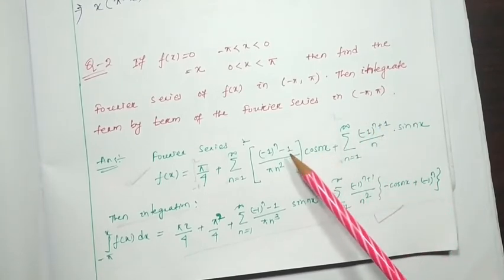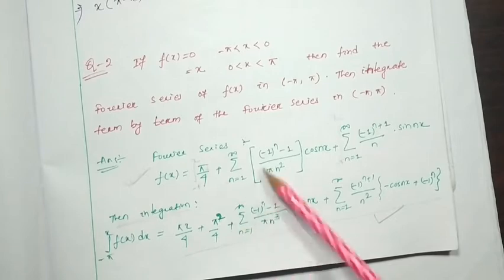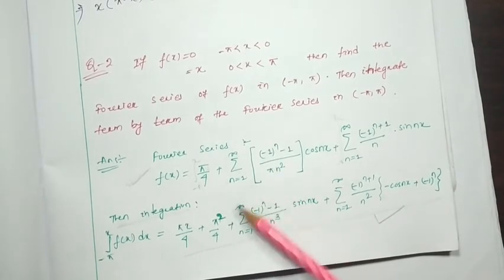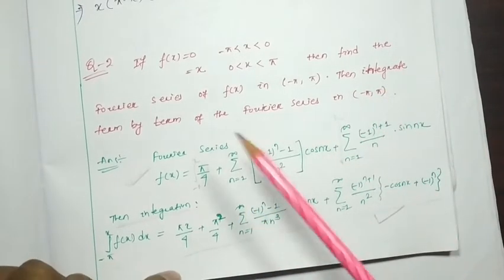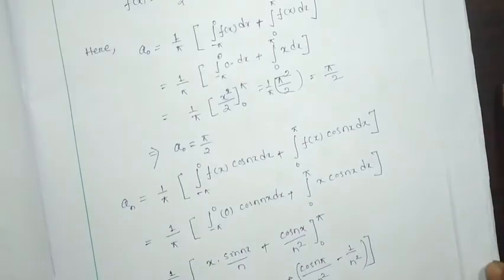I have also written the answers. If you have done it, you can match these two answers. So now we are going to solve this question step by step. Carefully you have to watch.